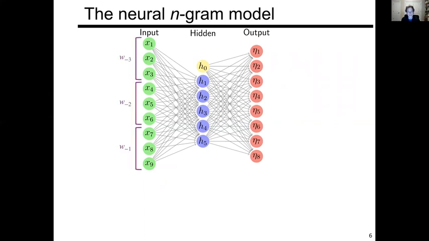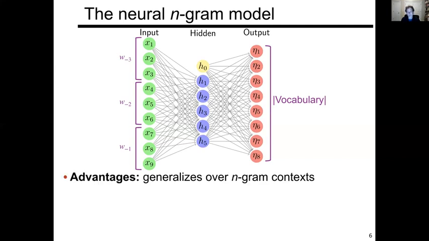So what is the input? The input is the concatenation of an embedding representation of each of the 3 preceding words in the context. The hidden layer is learned. And then the output is of size of the vocabulary, and you do a softmax operation to put a probability distribution over next words.